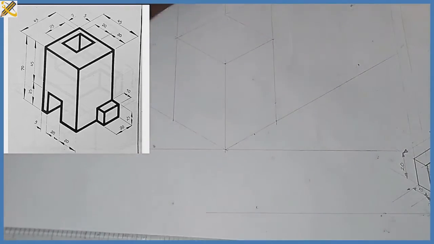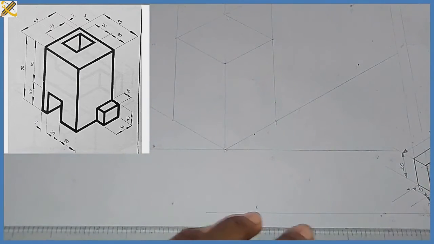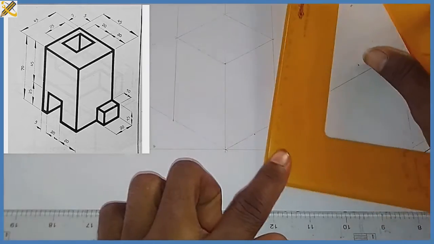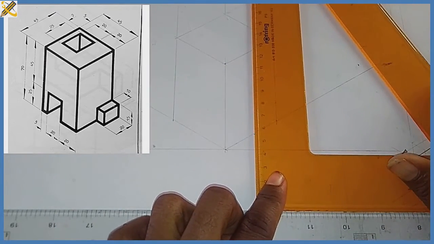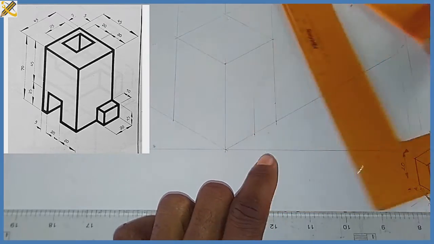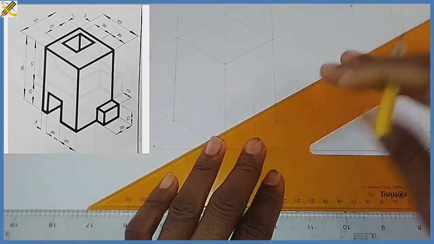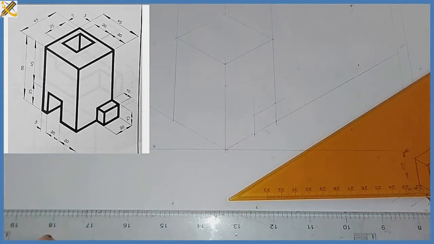So after picking those dimensions, the next procedure is to pick my set square. All right, picking my set square, coming to that mark of 20 mm right here, projecting a line upward. Then to the mark of 15 mm right here, projecting a line in that manner. Can you see?